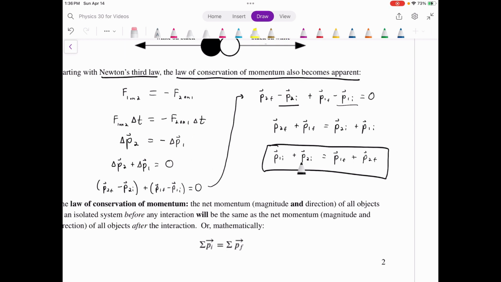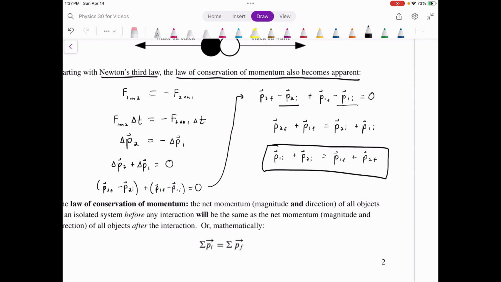What is this left side? This is the total initial momentum in the system. We had 2 objects, so 2 momentums to think about. Add up their momentum initially. That's the total momentum in the system initially. Afterwards, we still have 2 objects, so add up their momentum. That's the total momentum final. And we've shown here that all of the momentum initially has to be equal to all of the momentum finally, right?